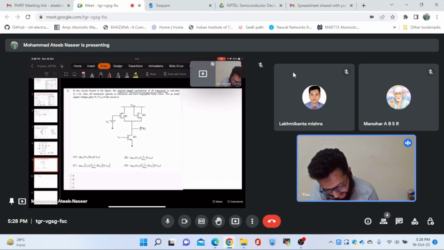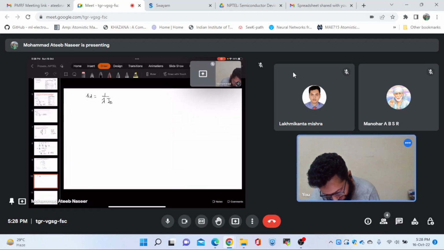Let us see the circuit and let us draw this transistor first. Let me draw this gate voltage. Its source is grounded. This is gm1 vgs1, this is vgs1, and this is equal to V in.